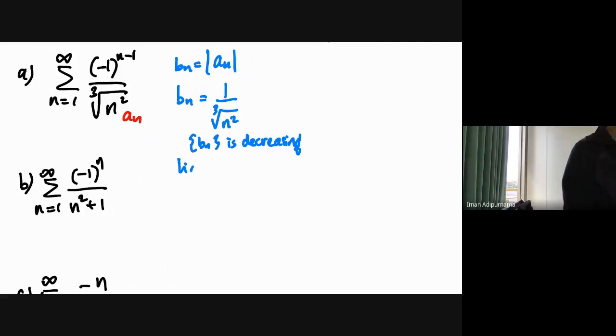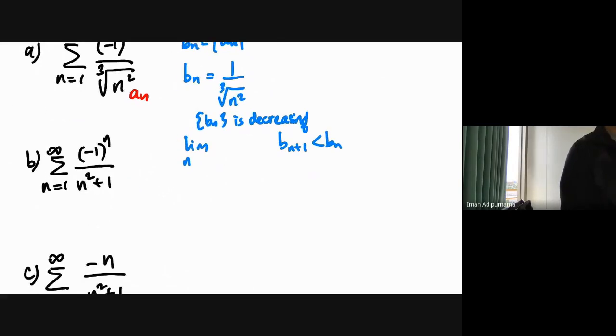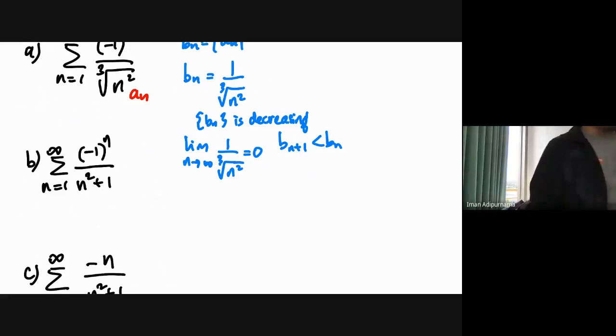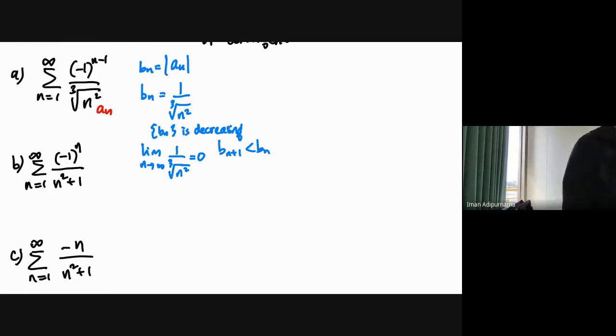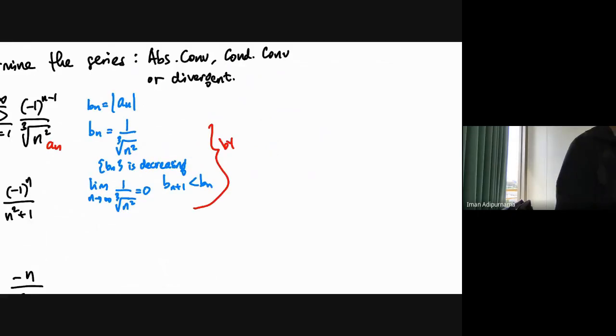That is, b_(n+1) is less than b_n. And the limit as n approaches infinity of 1 over n to the 2/3 is equal to 0. From here, we can say by the alternating series test that it converges.